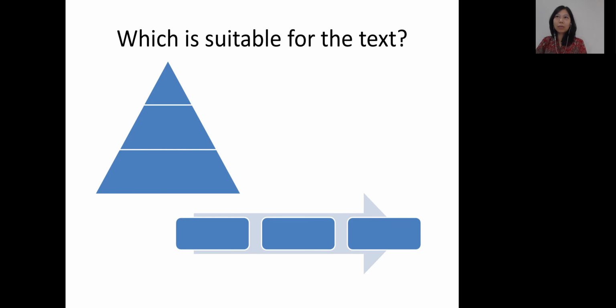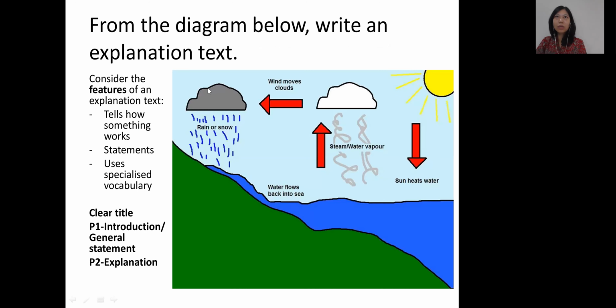The second assignment that you will write down is an explanation text. This is a water cycle. So you are going to explain how a water cycle works. Remember the features of an explanation text.